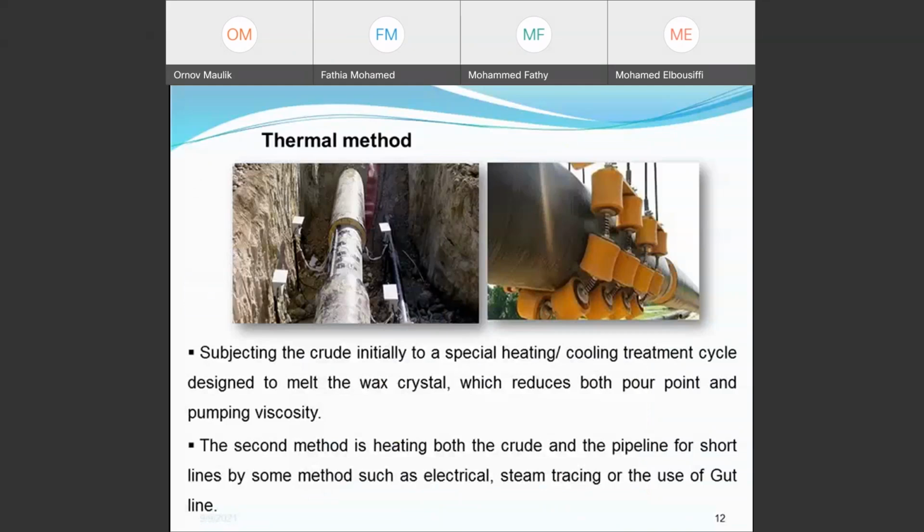First, initially subject the crude to a special heating and cooling treatment cycle to melt wax crystals and reduce the pour point and pumping viscosity. The second method is heating both crude oil and pipeline, and of course this type of treatment is used just for short pipelines, using electrical or steam tracing or the use of cut line.